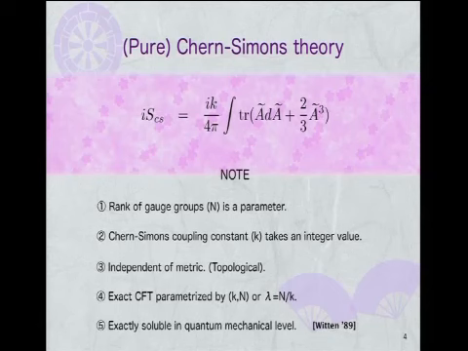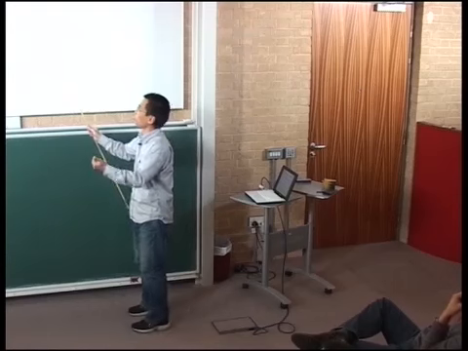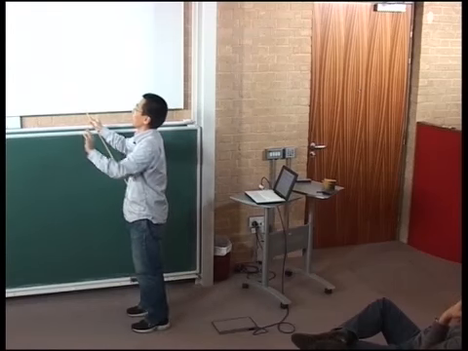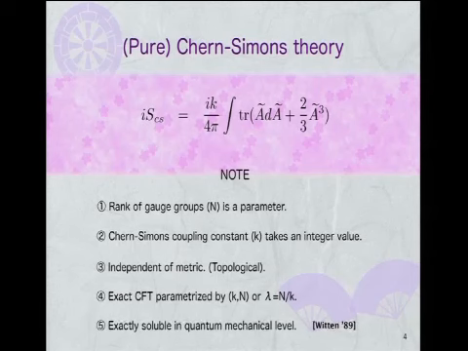So here, let me explain some basic facts of pure Chern-Simons theories, even though some of you already know. The action is like this. As in a standard gauge theory, Chern-Simons theory can take an arbitrary gauge group.